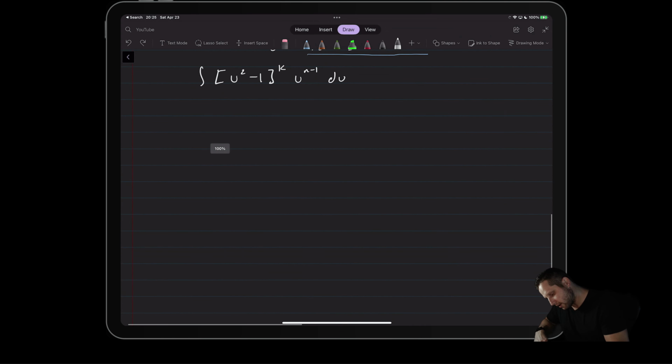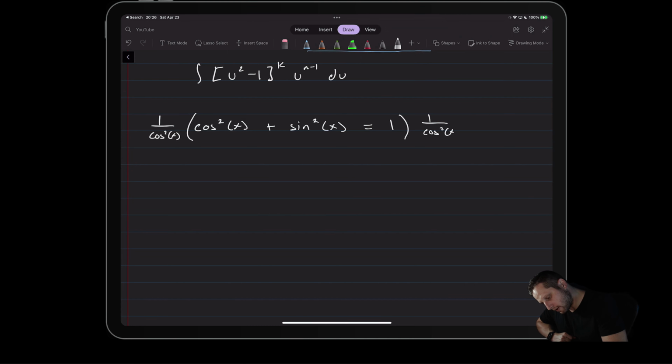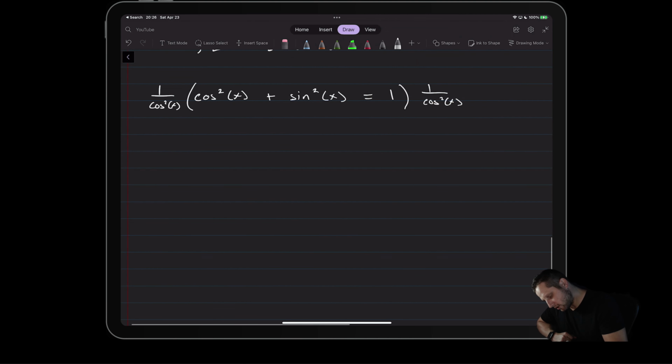1 over cosine squared of x, 1 over cosine squared of x, then your result is going to be 1 plus tangent squared of x, because this term is sine squared x over cosine squared x, which is just tangent squared of x, right?